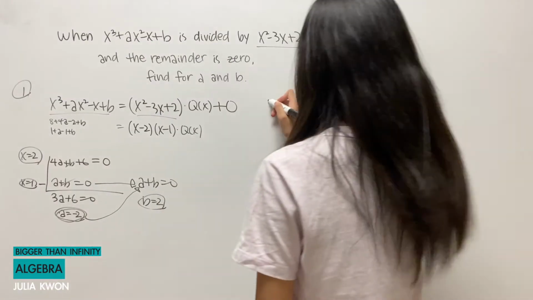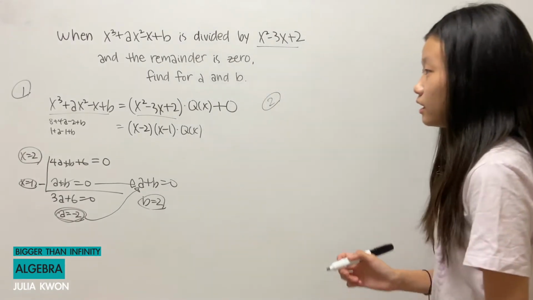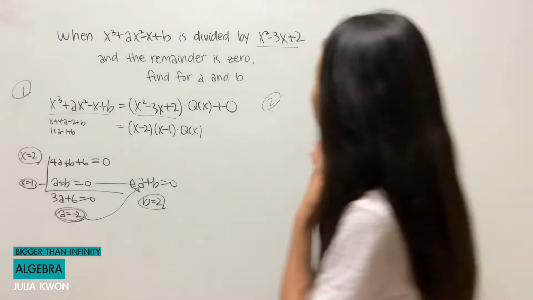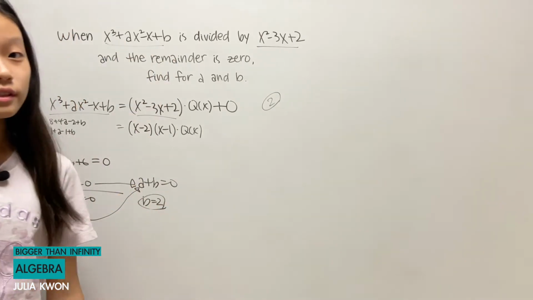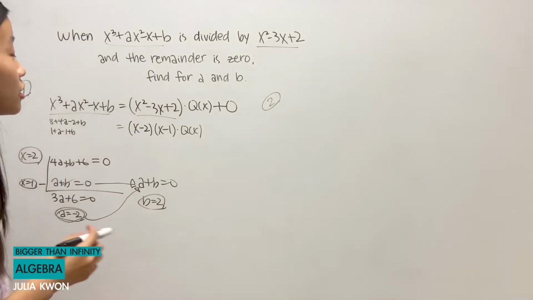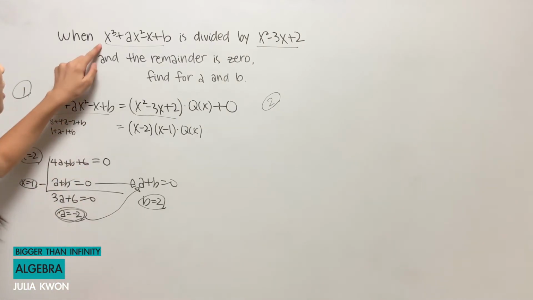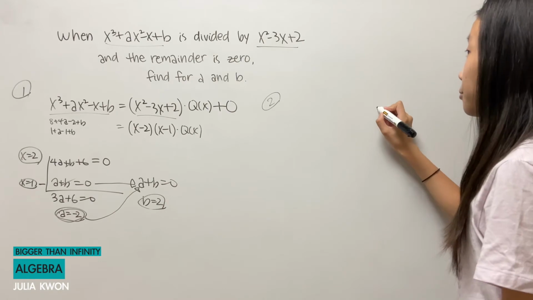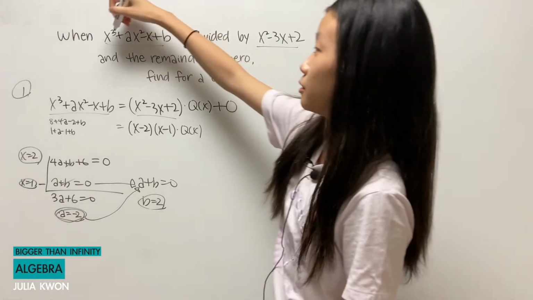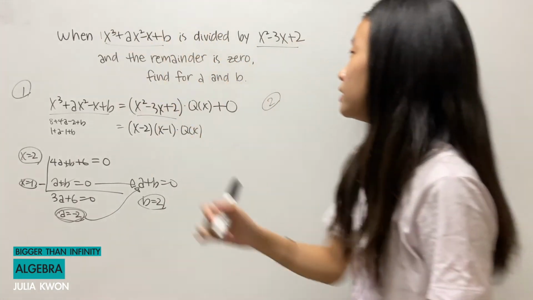Now the second way of solving this problem is a little bit easier. We're going to write this except without the variable x. We're just going to write out the constants. So the constant of x cubed is 1, because there's an invisible 1 right in front of it.